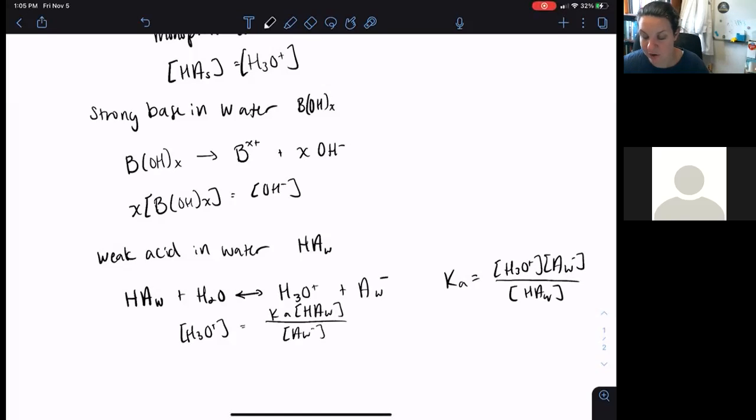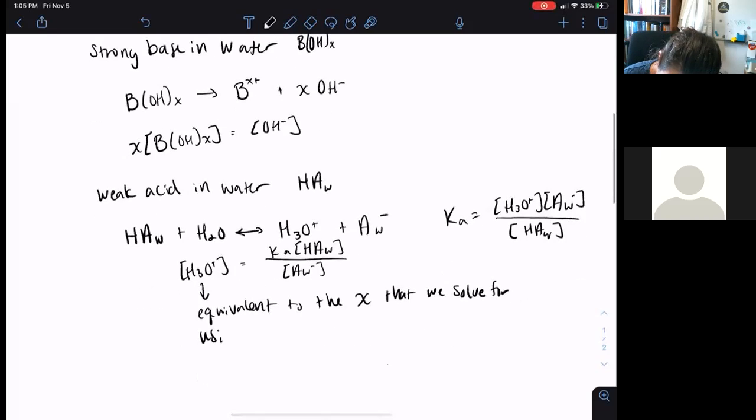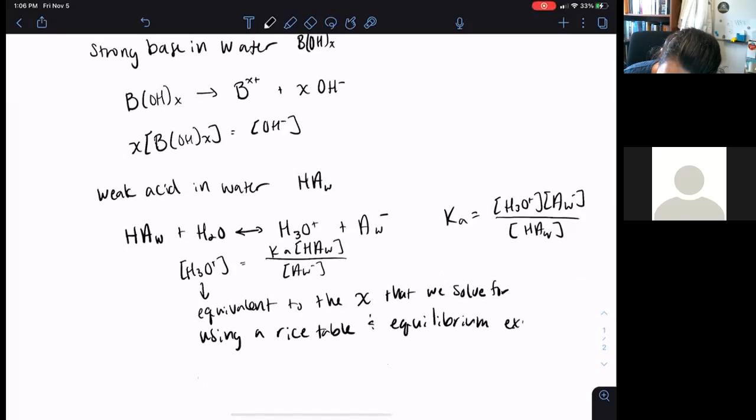Now, we could rearrange that equation, but usually we would say that this would be equivalent to the X that we solve for using a RICE table and the equilibrium expression.